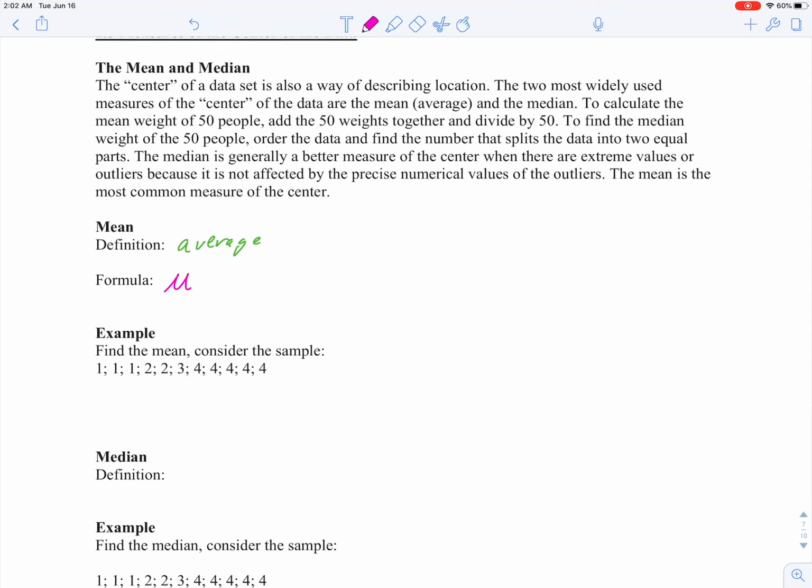So actually there are some variables I want you to know. So the first one is this Greek letter mu. Right? So we pronounce that mu. It's not an M, it's a mu. And this means population mean. Okay? Population average.